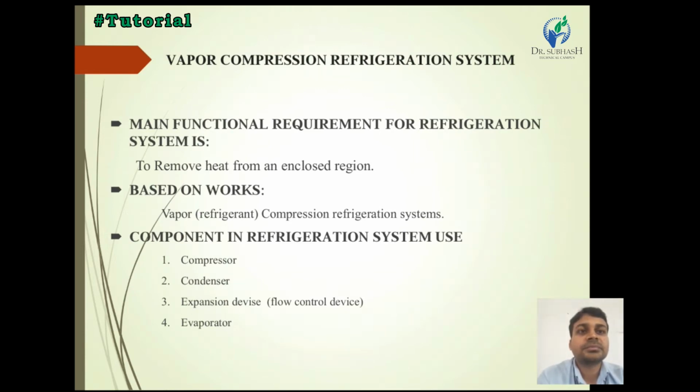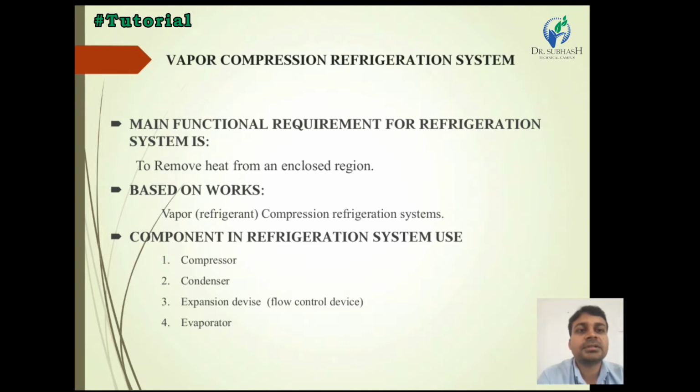The main functional requirement for a refrigeration system is to remove heat from an enclosed region. We have to isolate some system and remove heat from it. Based on work, the cycle works as a vapor compression refrigeration system.